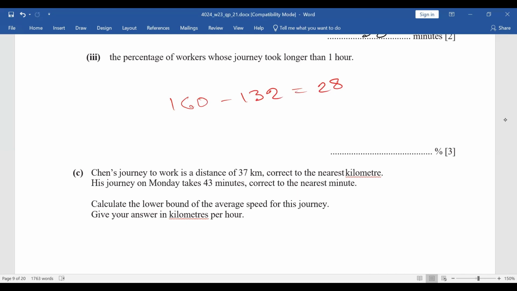In percentage, that is 28 by 160 times 100, which is 280 by 16. It is 17.5. So the answer is 17.5%.